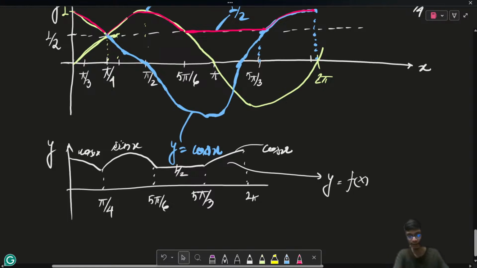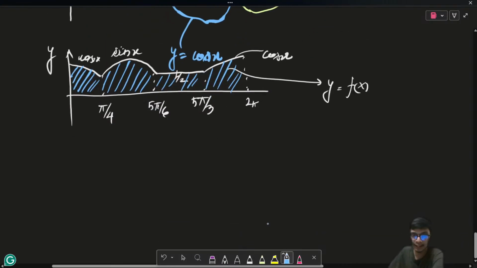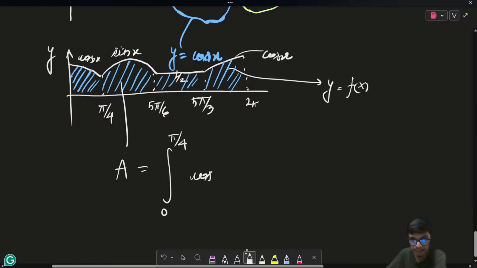Now I have to find out the area bounded by this particular region, right? So the area that is bounded by this region is basically this particular area, right? So be careful when you're integrating, you just put the limits and the given function. So if I try to find out this area, from the interval 0 to pi upon 4, it is the integration of cos x dx.